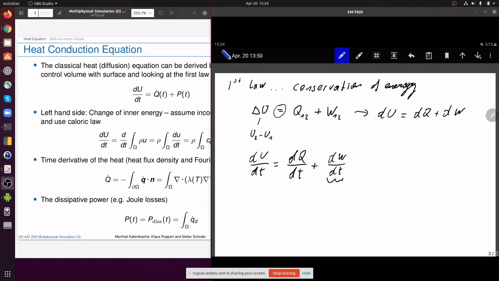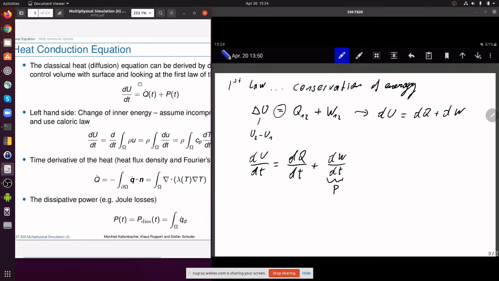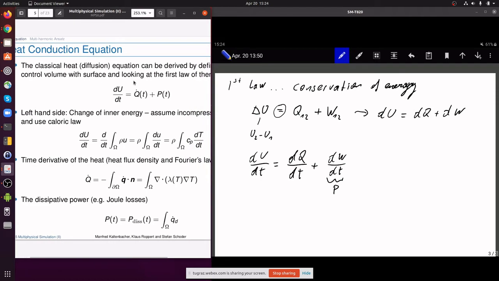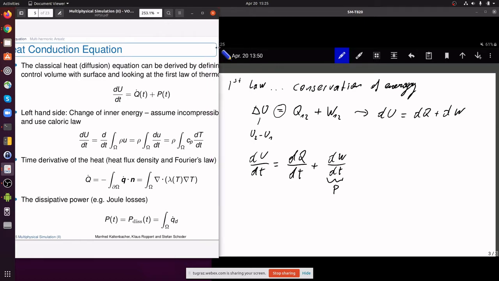So this is the power, as you see here on the left side, and so this is the crucial point that we are dealing with.